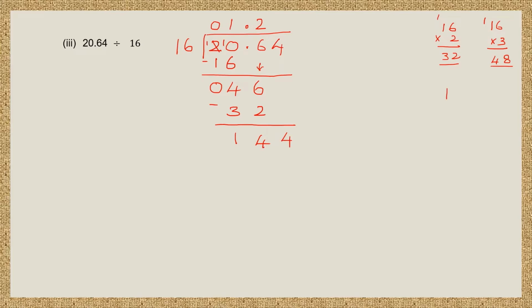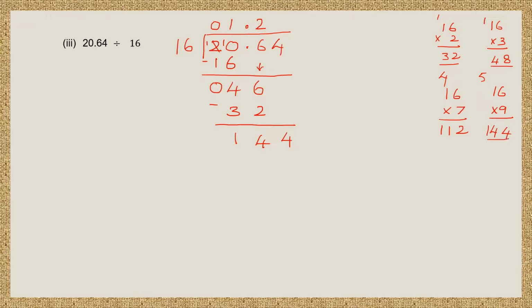Now let's multiply 16 into, say, 7. Let's try. 6 sevens are 42, carry 4. 7 ones are 7, 8, 9, 10, 11. I can still get a number closer. Let's try 16 into 9. 9 sixes are 54, carry 5. 9 ones are 9, plus 5 is 14.